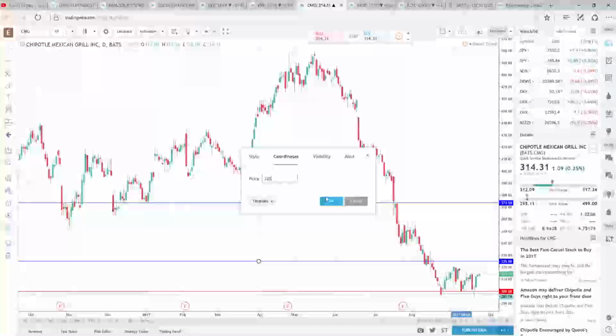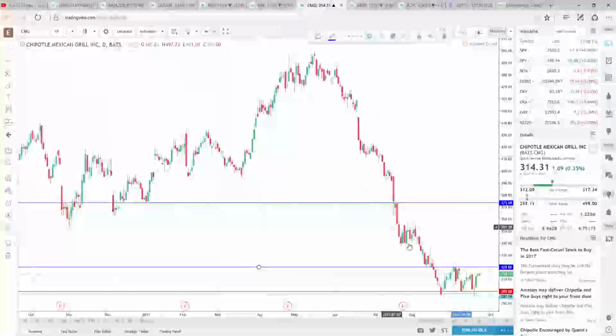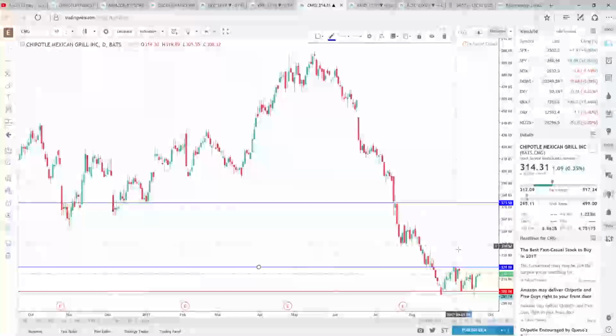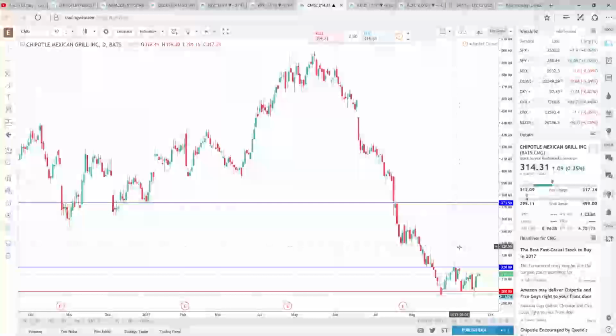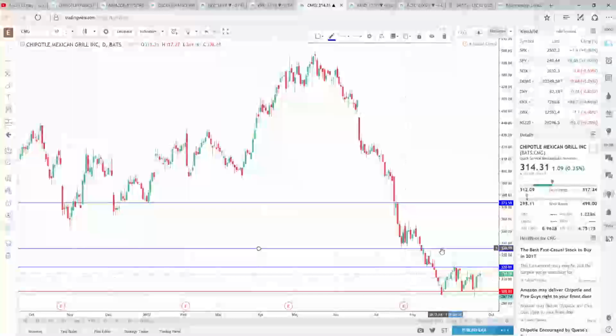So we want to make sure we're keeping up more and understanding that our resistance levels looking at a shorter time frame are not going to be the same as looking at a longer term time frame. Now looking at Chipotle, the next level of resistance that it would need to break is going to be right around the 335 level.